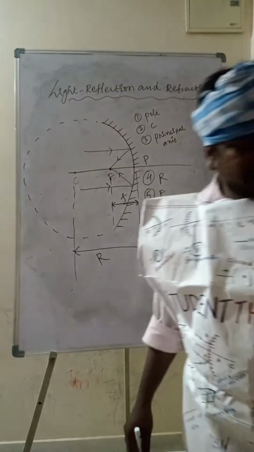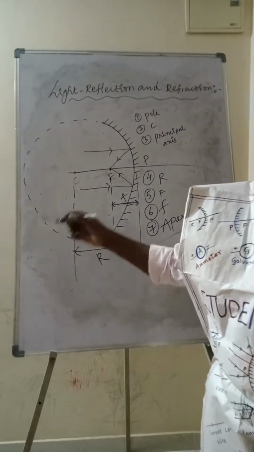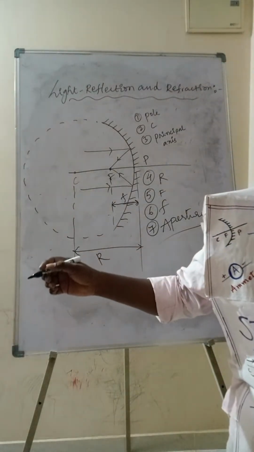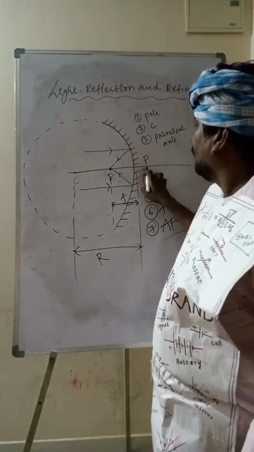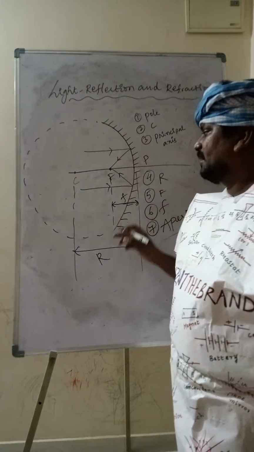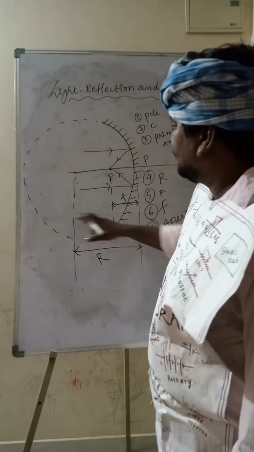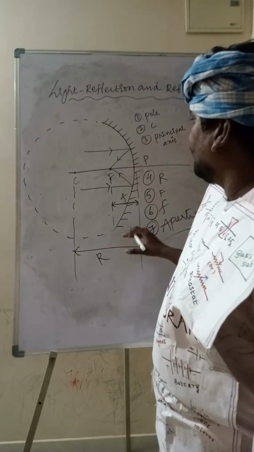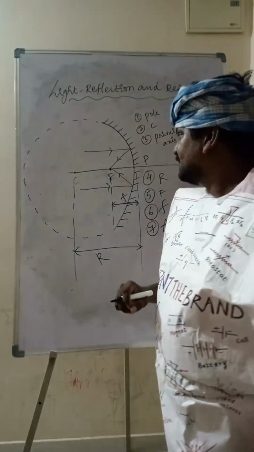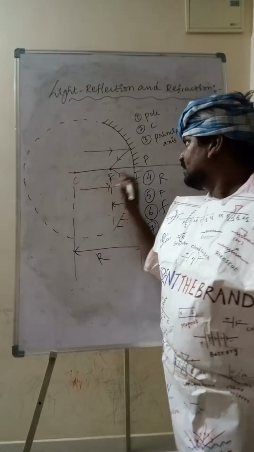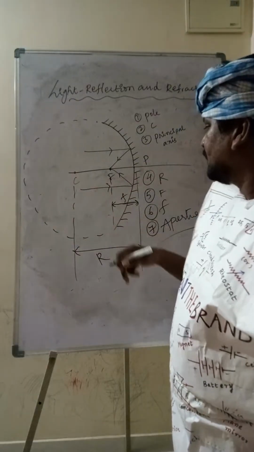Once again, you can check all 7 points. Pole is the midpoint of the mirror. Center of curvature is the center of the imaginary sphere of which the mirror is a part. The line joining center of curvature and pole is the principal axis. The distance between them is the radius of curvature.